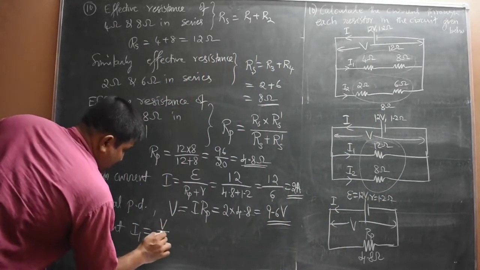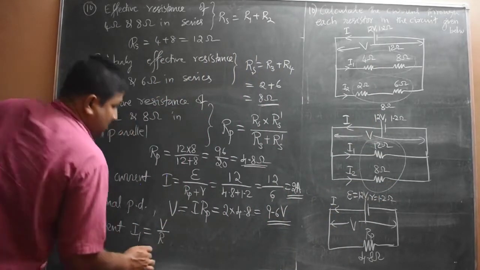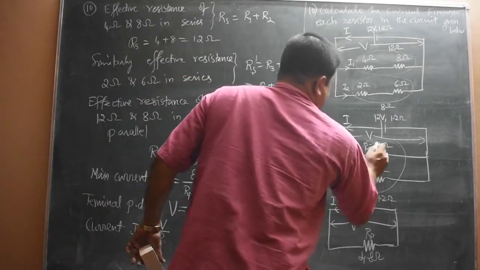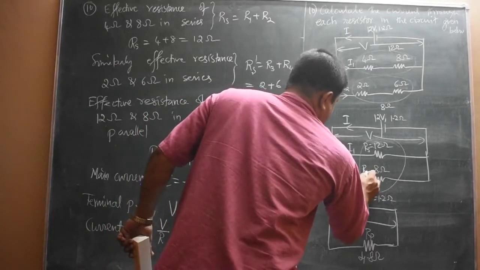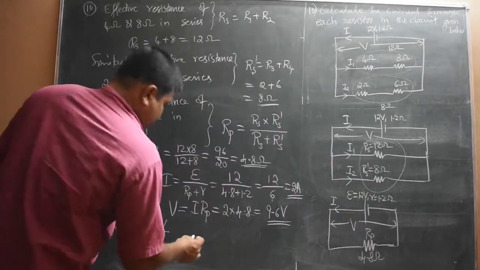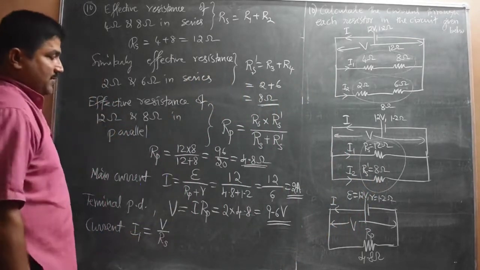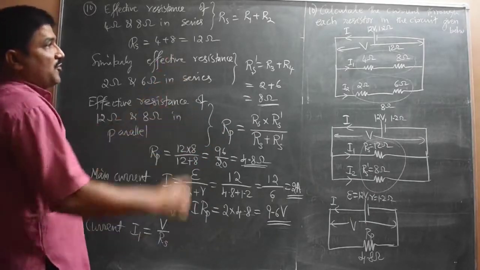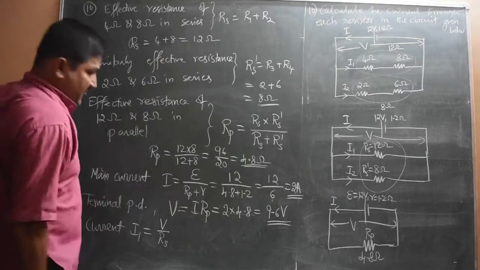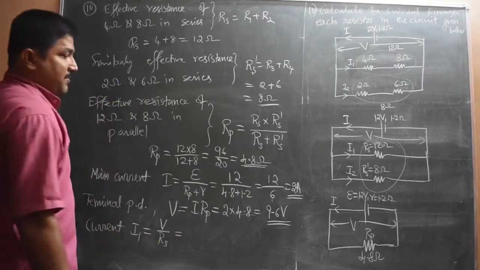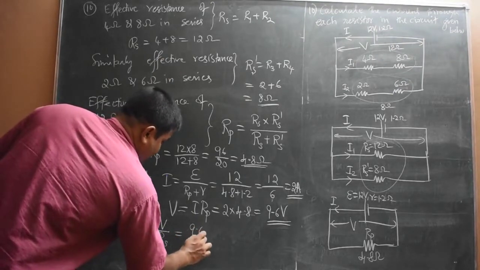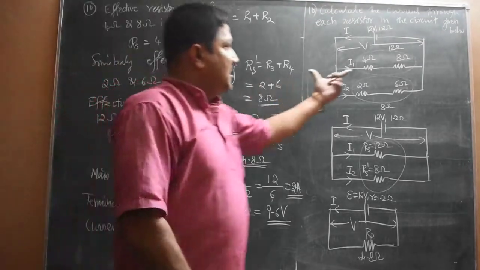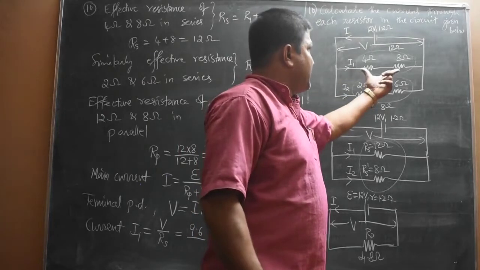So I1 is V divided by Rs, the first branch effective resistance, not 4 ohm or 8 ohm separately. The PD across the branch is the same as the terminal PD.